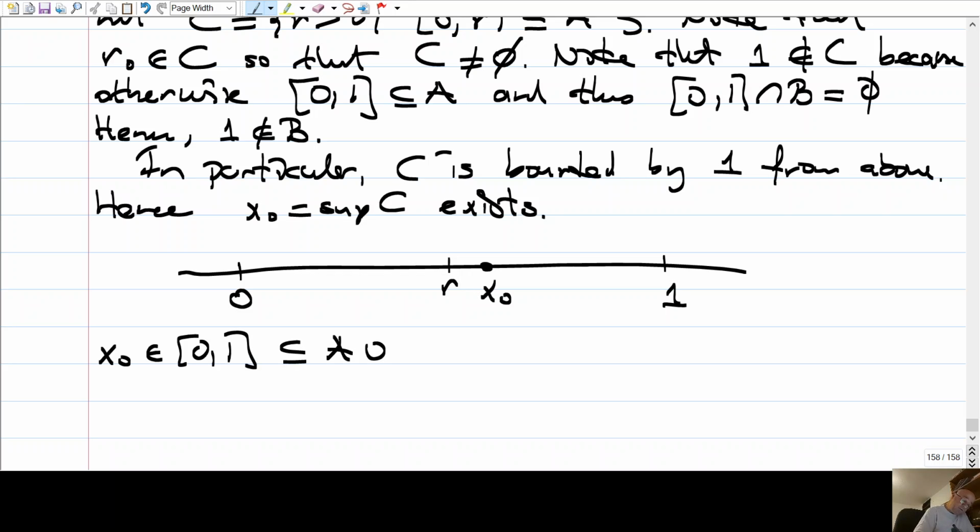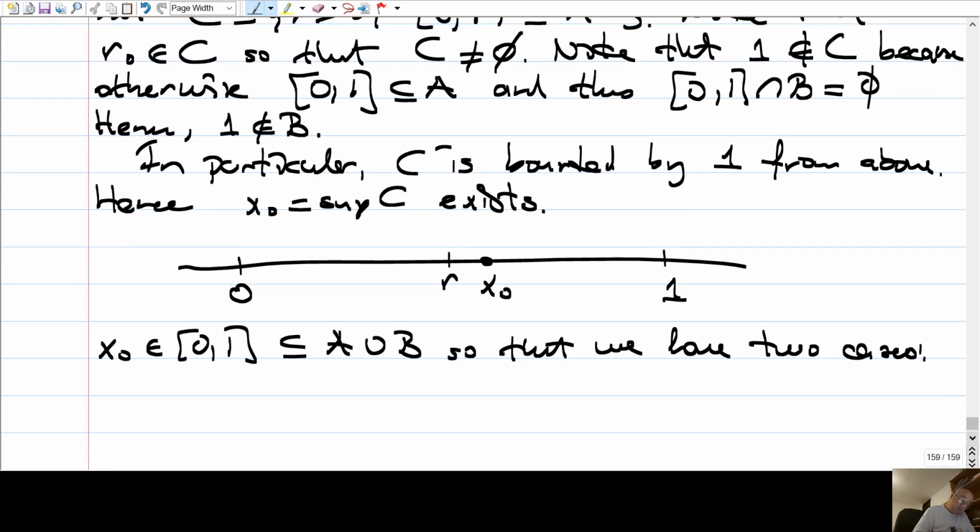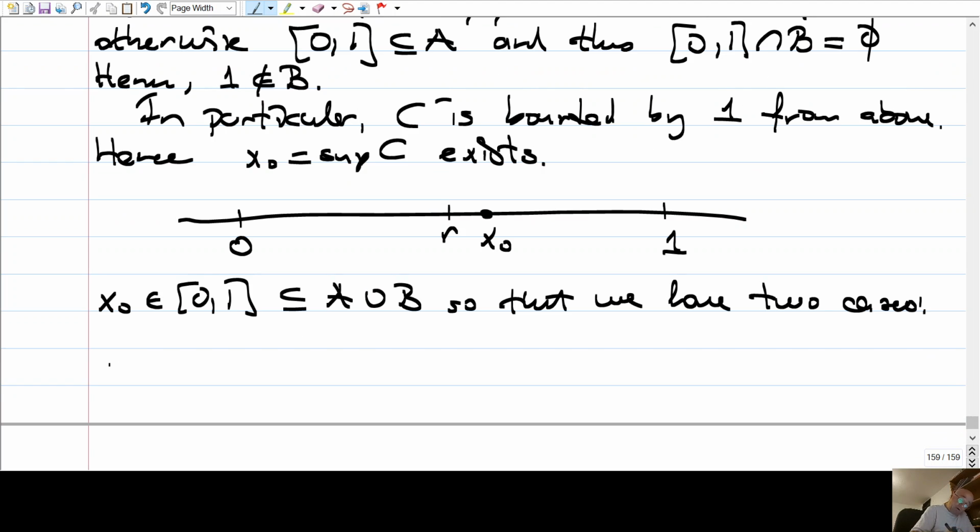Therefore, it is in this union. So we have two cases. Either x0 is in A or x0 is in B, right?